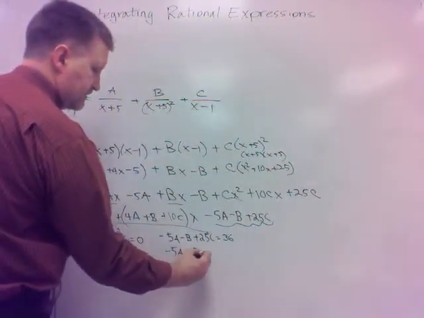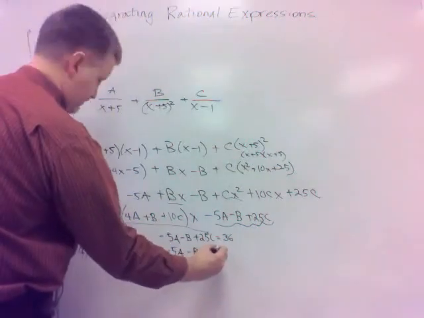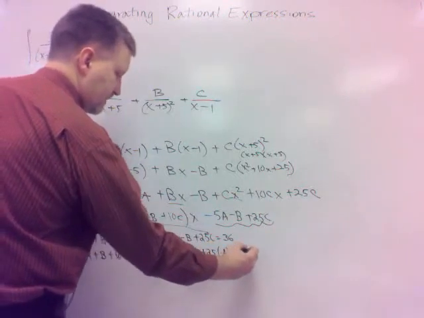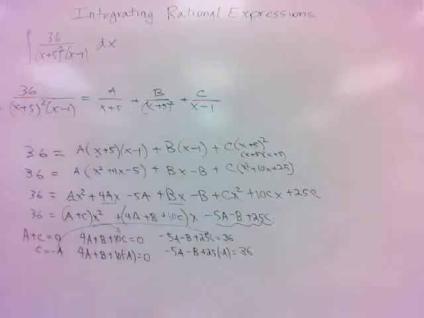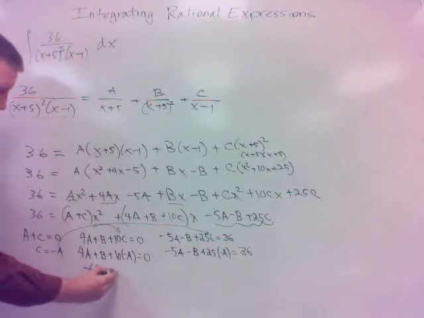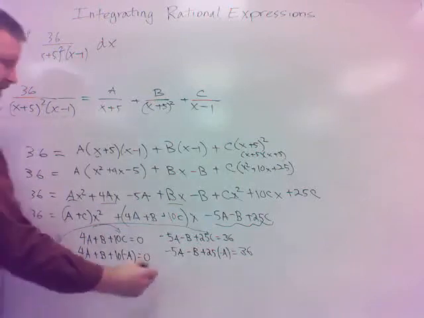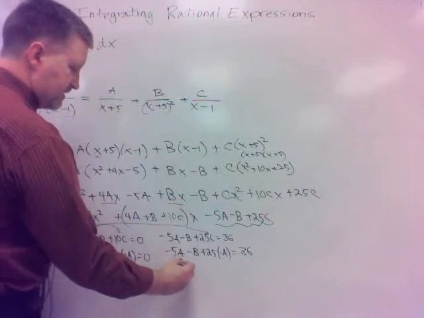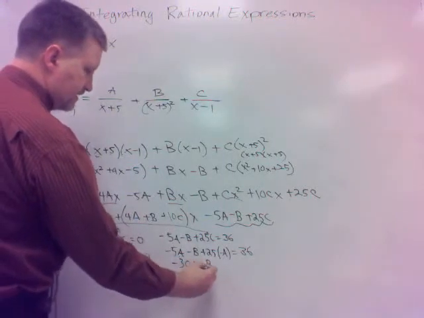Let's see what happens. They're all kind of different on how you solve them. This won't be necessarily the only way you could do these. Okay, so what have I got? I got 4A minus 10A, so that's minus 6A plus B equals 0. And I've got negative 5A minus 25A, negative 30A minus B equals 36.